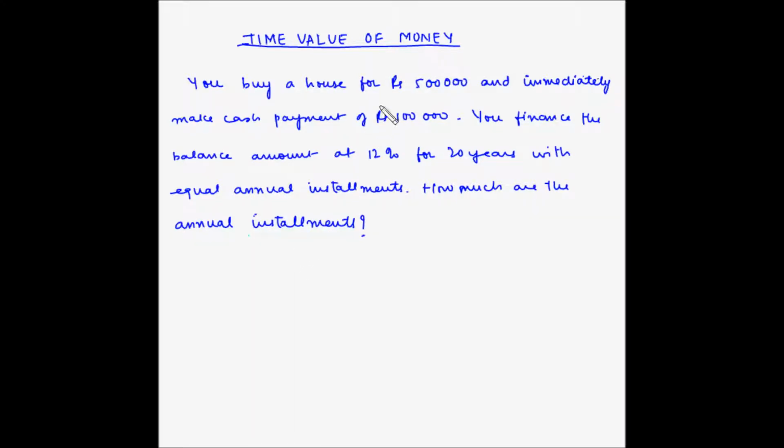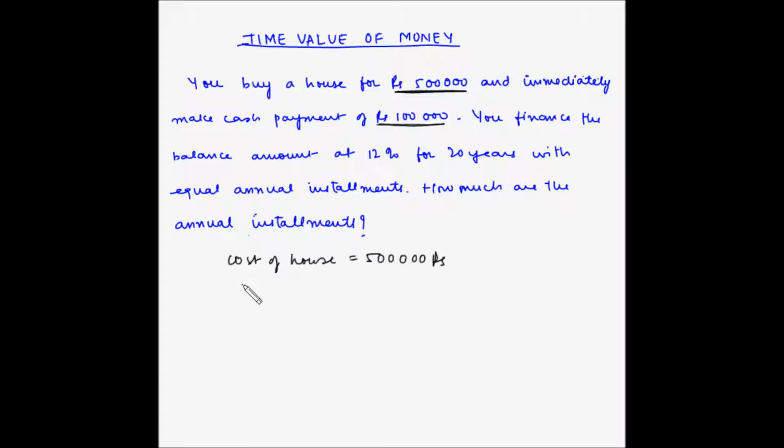So basically you went to buy a house and you were told that the house costs rupees 5 lakh. Now you decided that you can afford to pay 1 lakh rupees out of your pocket. So the cost of the house is 5 lakh rupees.